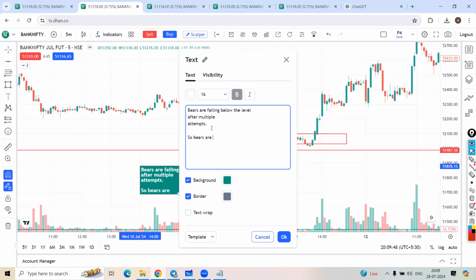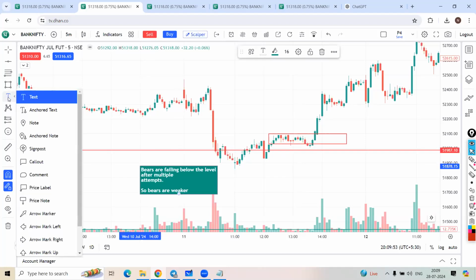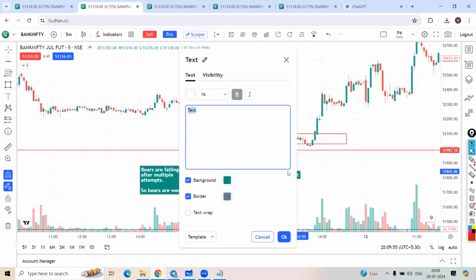So bears are weaker. Correct? Number 2, higher low formation. Bears are weaker or bulls are trying to come.